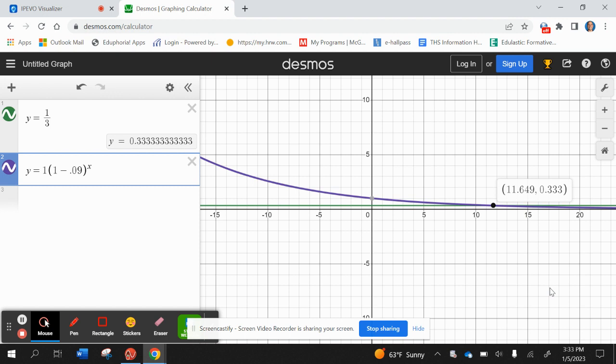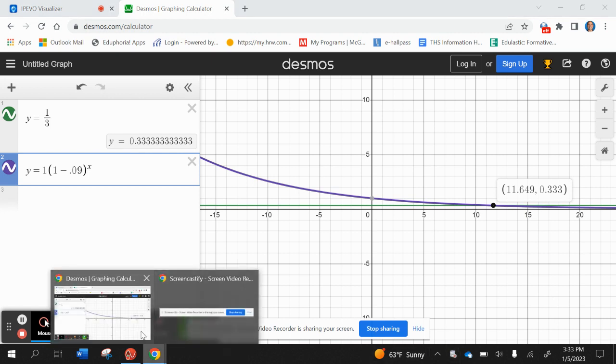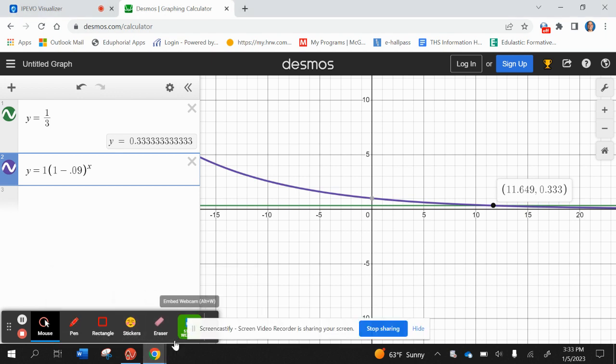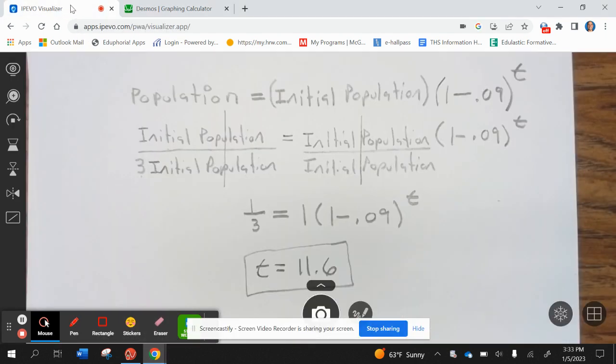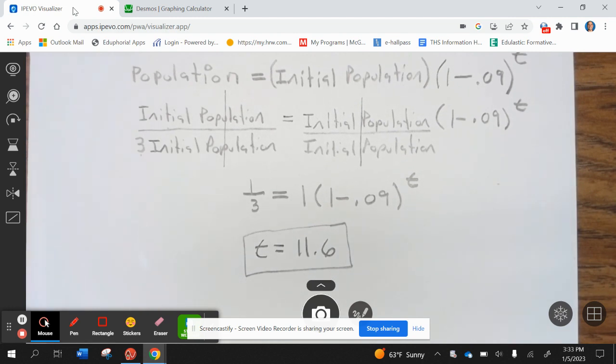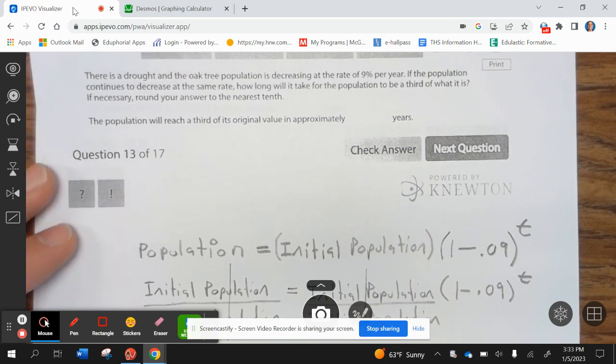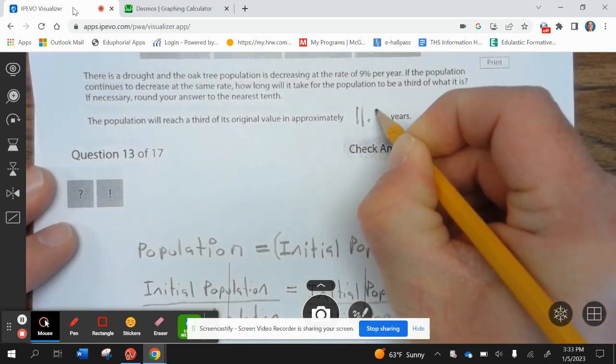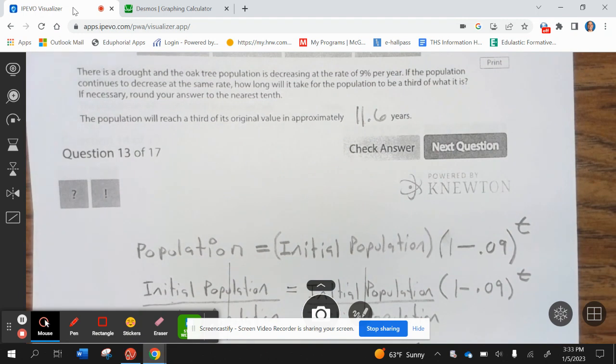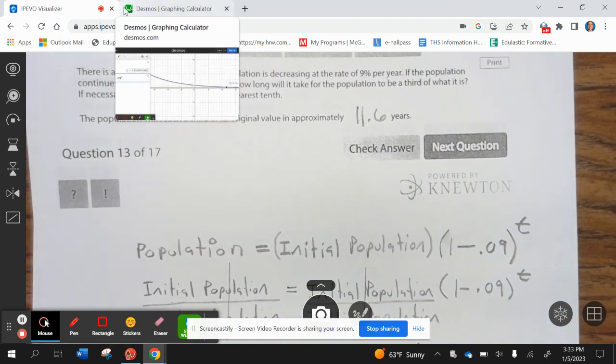So t equals, they said round to the nearest tenth, so that would be 11.6. So the population will reach a third of its original value in approximately 11.6 years. All right, let's go and finish up that example.